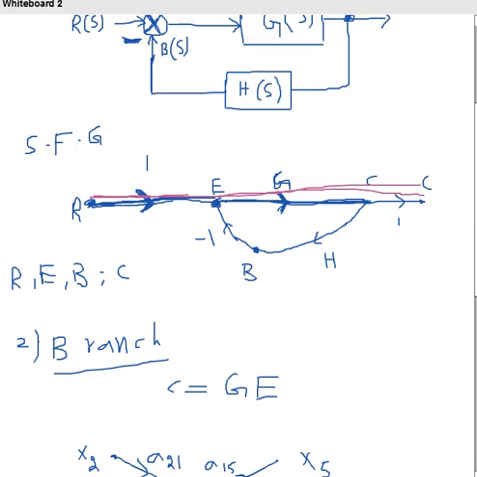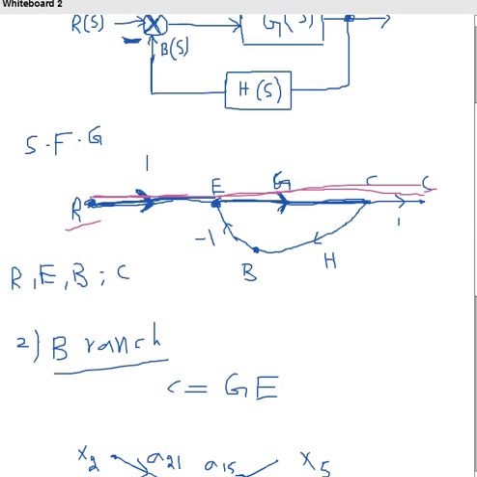What I drew in rose color is the forward path. It is a path from input node to output node. How many paths here from input node to output node? Only one path. Input node is R and output node is C. So a forward path is a path from input node to output node.